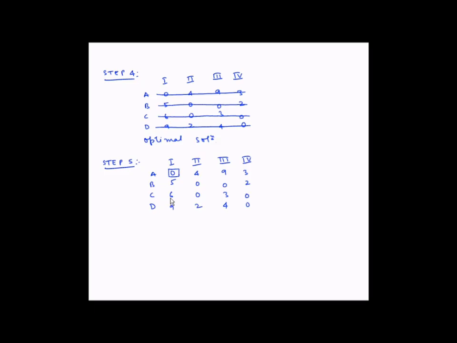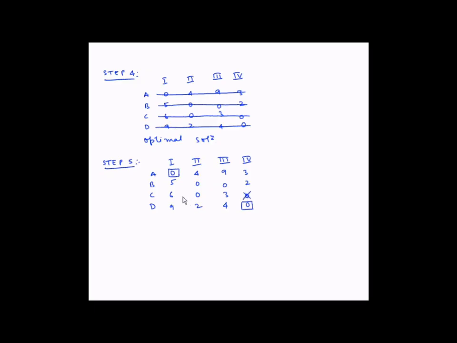We'll move to C. We have 2 zeros, so we'll skip this for now. For D we have 1 zero, so we'll assign this here. Since subordinate 4 has been assigned to D, 4 cannot do any other task, so we'll cross off the others.